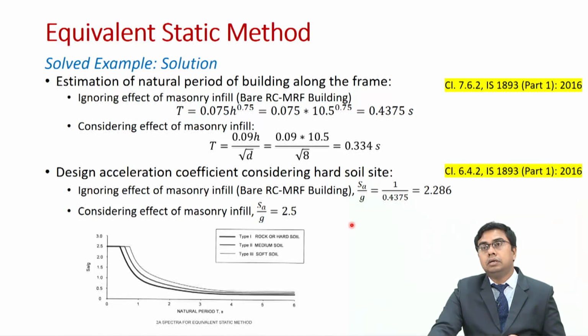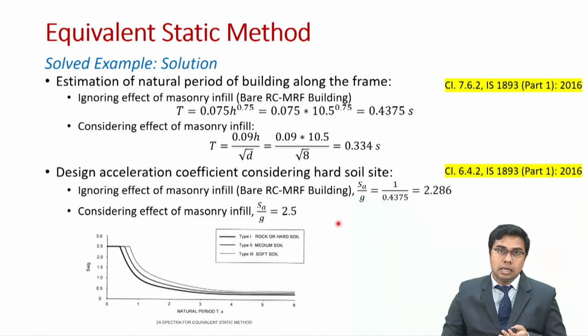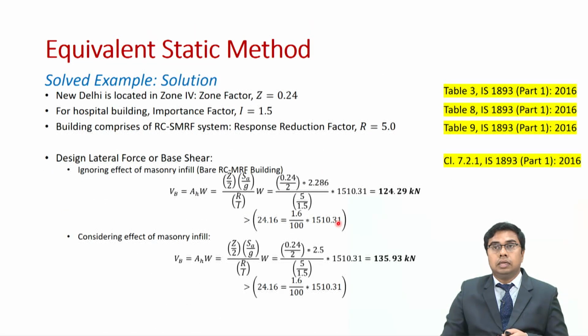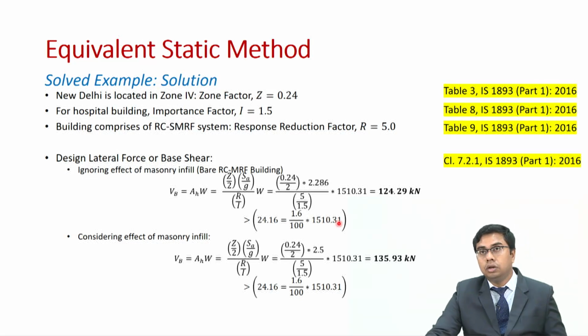Now, once we have the information about SA by G known to us, we shall calculate the other factors, which were your seismic zone factor Z, importance factor I, and response reduction factor R. So, let us calculate that. Since our building is supposed to be constructed at New Delhi, which is located in seismic zone 4, the zone factor shall be equal to 0.24.